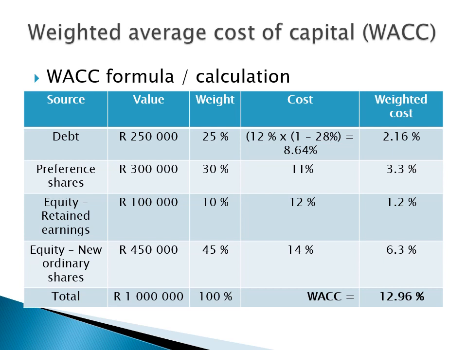So it's the 12% minus the 28% tax benefit that we're getting. Therefore the revenue service is basically subsidizing our debt down to 8.64%. Preference shares, let's assume it's 11%, equity at 12% on the retained earnings, and then the ordinary shares at 14%.